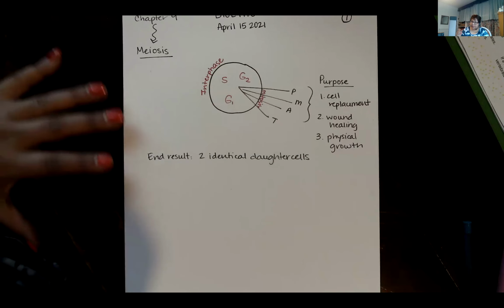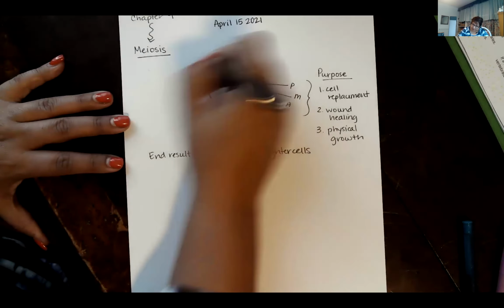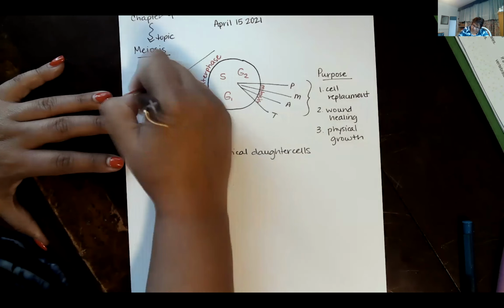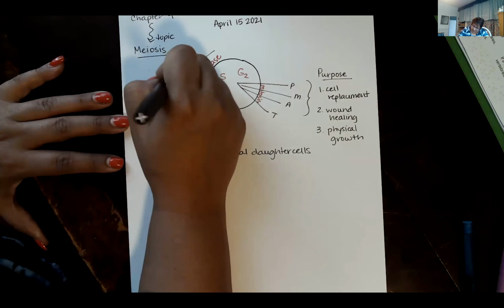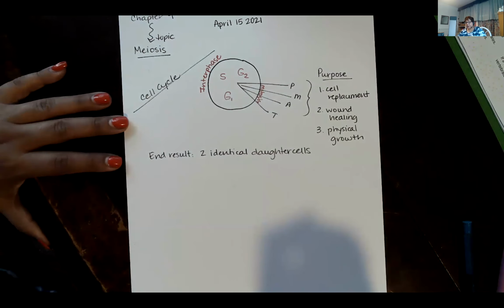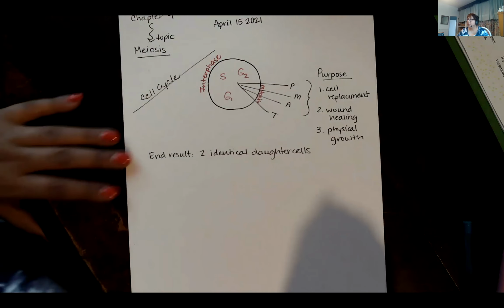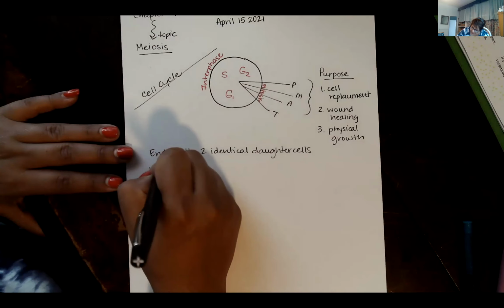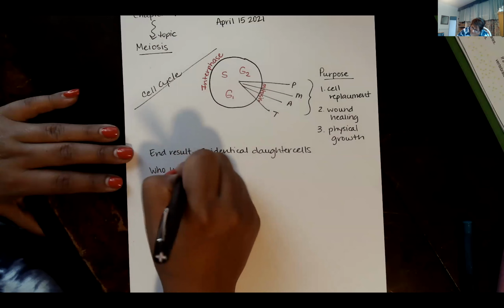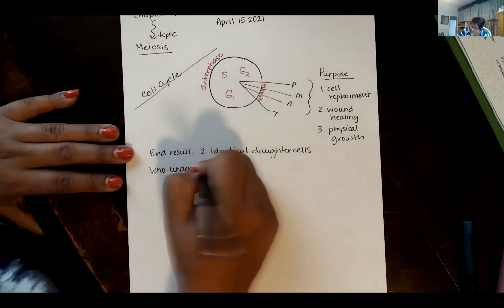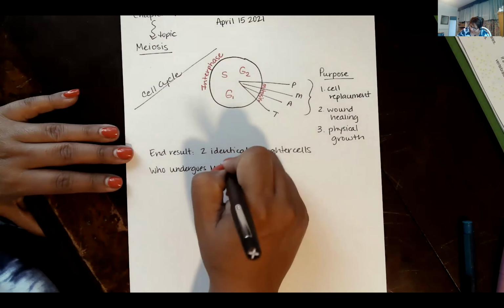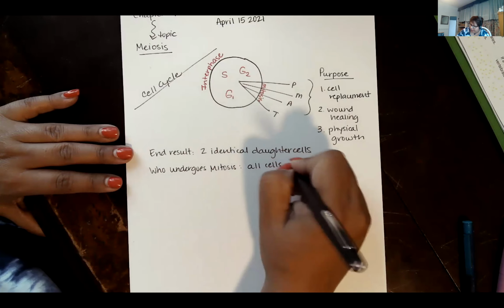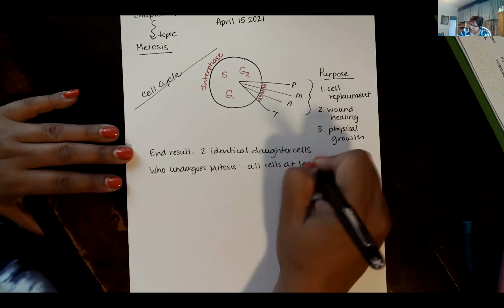Now, what cells undergo mitosis? Let me make it clear that we're talking about the cell cycle. And the answer is all cells, at least once in their lifetime.